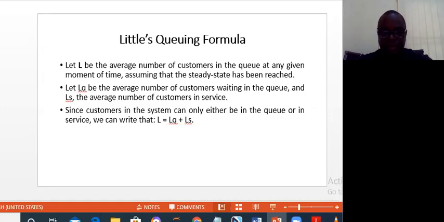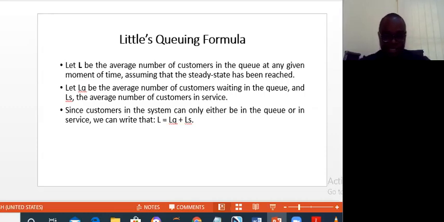Let's assume that the average number of customers in the system at a given time is represented by L, assuming a steady state condition. Let's also assume that LQ represents the average number of customers waiting in the queue, and LS the average number of customers in service, that is, being served.